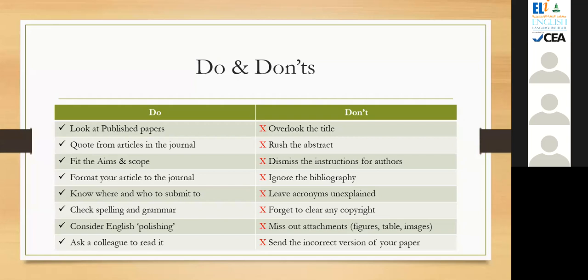Yeah, exactly. But checking spelling and grammar is very important, to proofread your work. Consider English polishing, even if you want to have someone polish the English language for you. Ask a colleague to read it. It's good to have someone else's ideas.